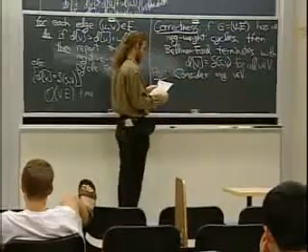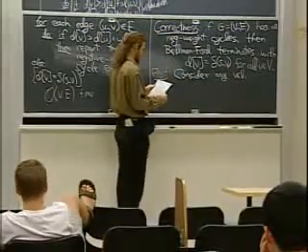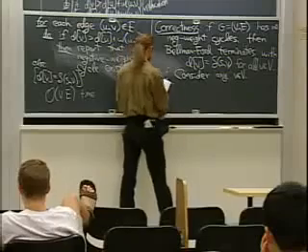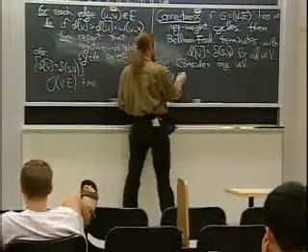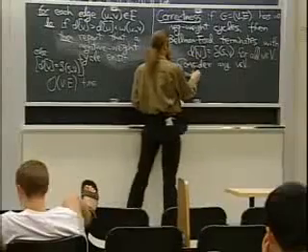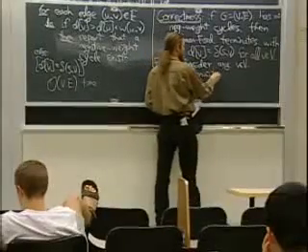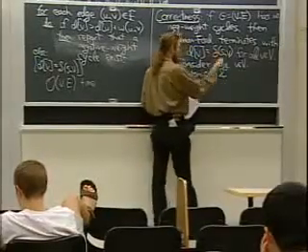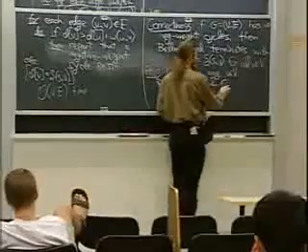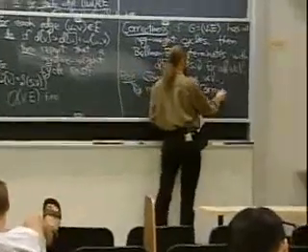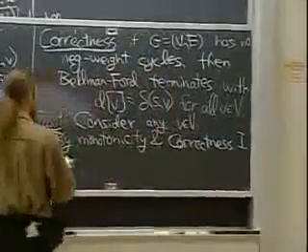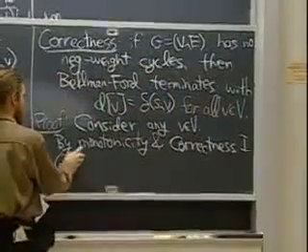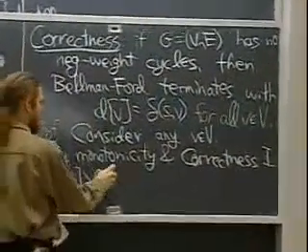So that's by monotonicity of the d values and by correctness part 1, which was that the d of v's are always greater than or equal to the deltas.